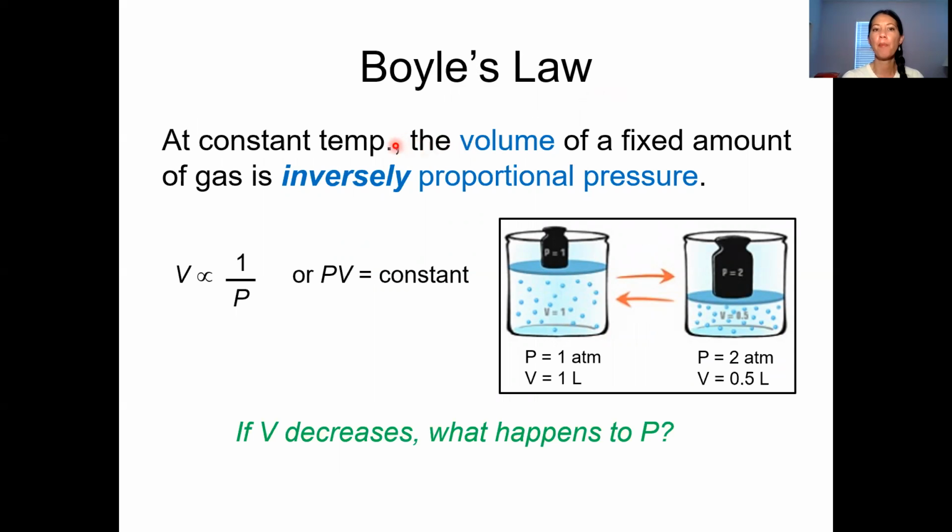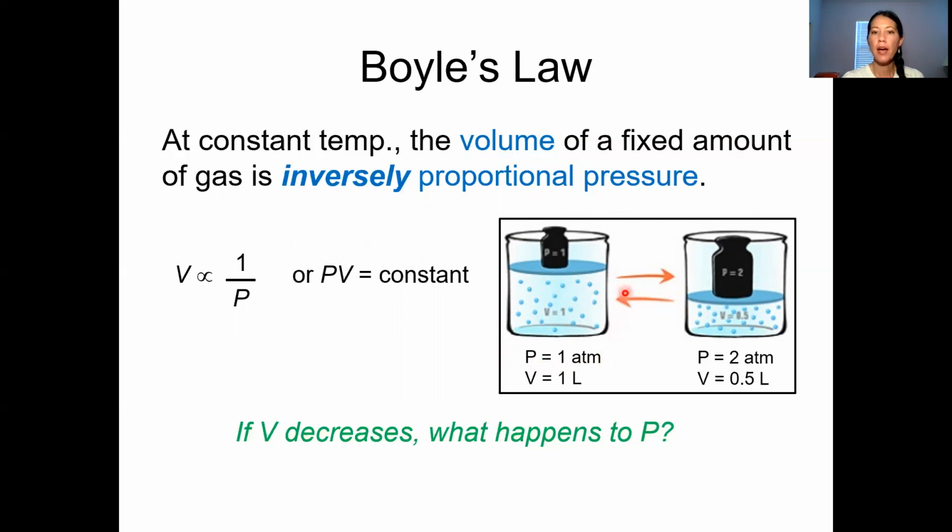In this one, we don't mess with the temperature. The volume of a fixed amount of gas, so the number of moles of gas is also constant, is inversely proportional to pressure. What that means when someone says it's inversely proportional is when one goes up, the other goes down.